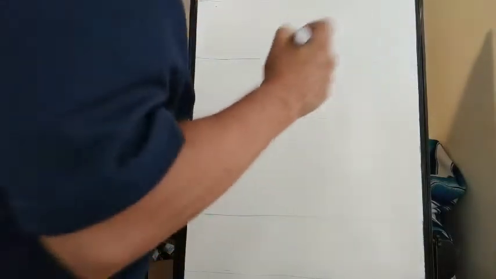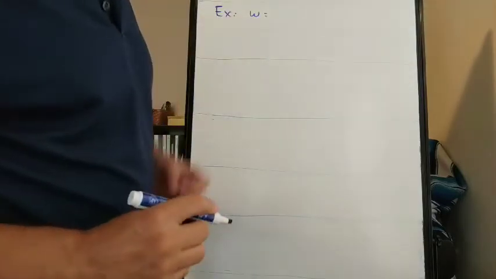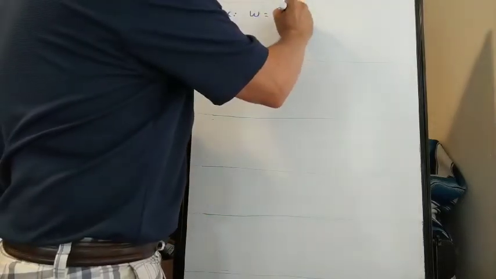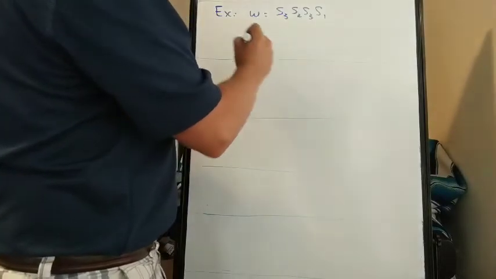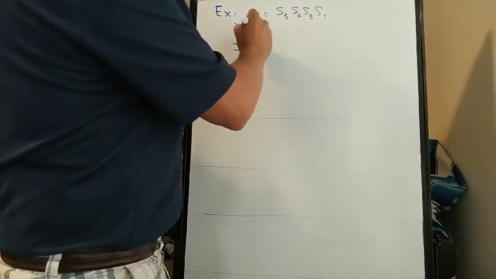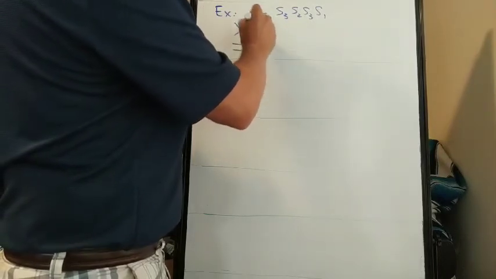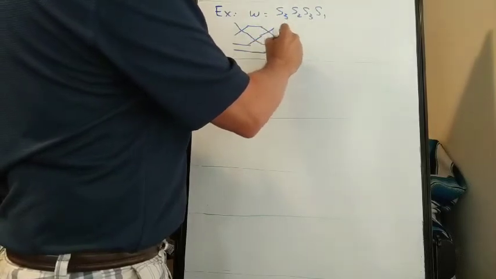Let me start with an example. Let's look at the permutation whose generator notation is S3, S2, S3, S1. So the wiring diagram looks like this.